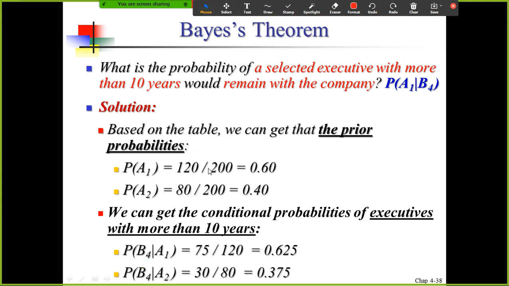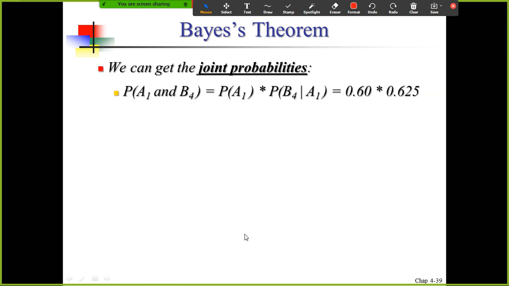So when we have prior probabilities and conditional probabilities, we can find joint probability. This is from the previous video that we studied. This is joint probability: the probability of an executive saying yes, remaining in the company, and having more than 10 years. In this one, the probability of executives saying no, not remaining with the company, and having more than 10 years.